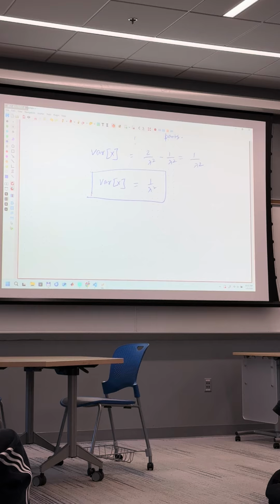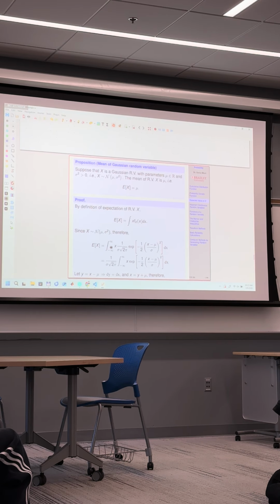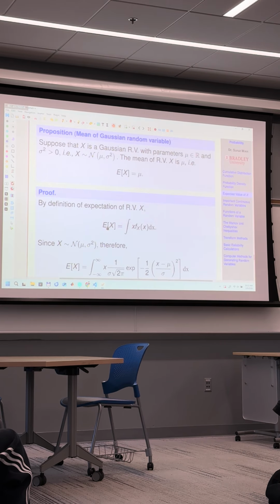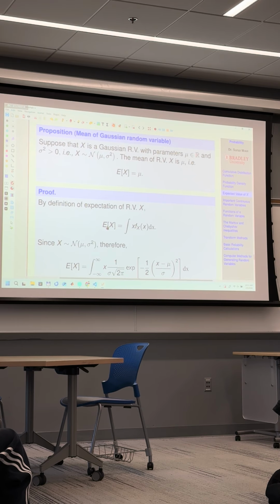Next. I'm not going to write down whatever derivation I had. I typed them and I'm just going to show you. Previously, when x follows Gaussian distribution with parameters mu and sigma squared, I used to say that these are parameters.